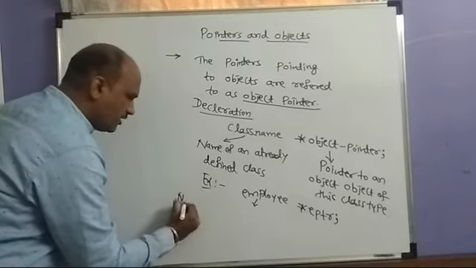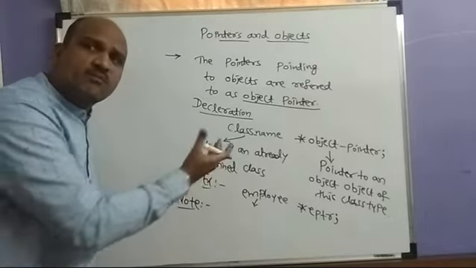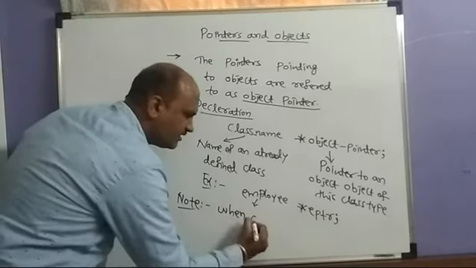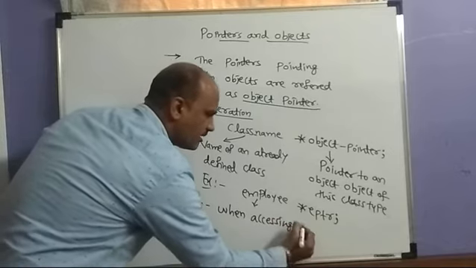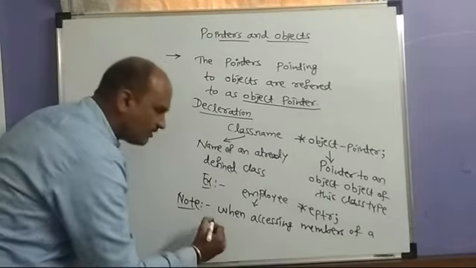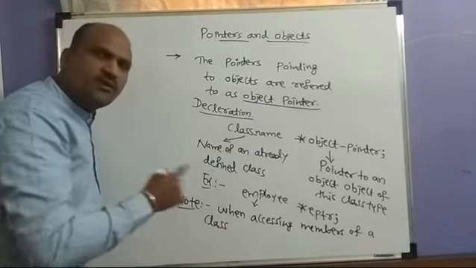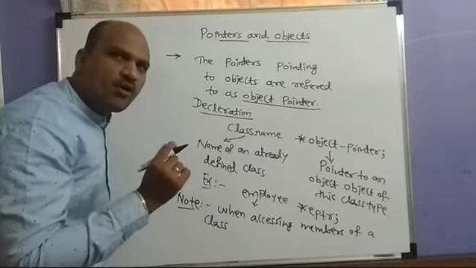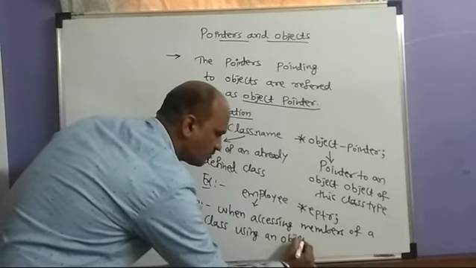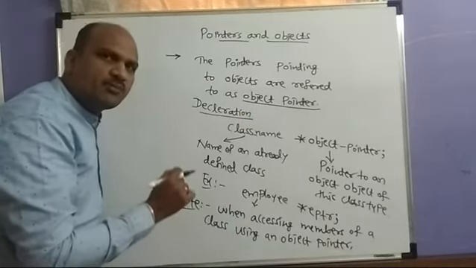Then a very important point you should remember: when accessing the members of a class using an object pointer, please remember the arrow operator is used.